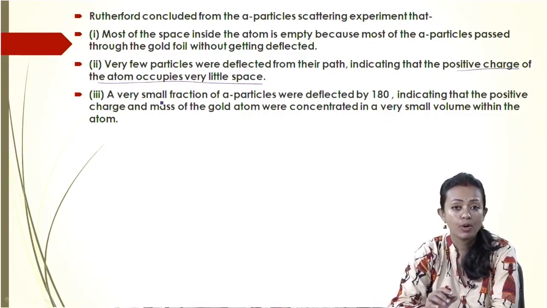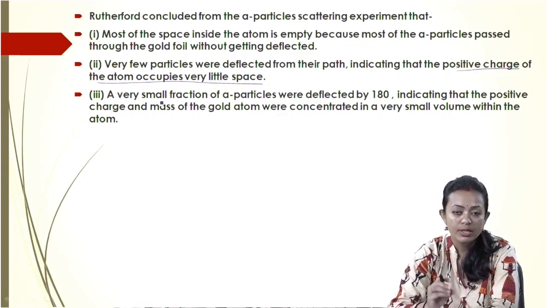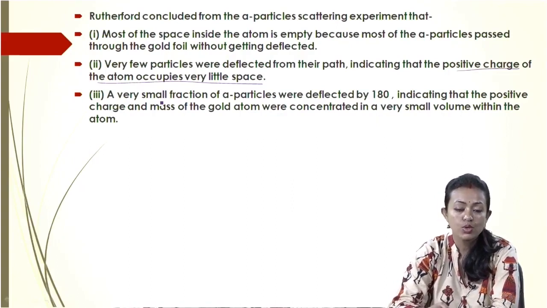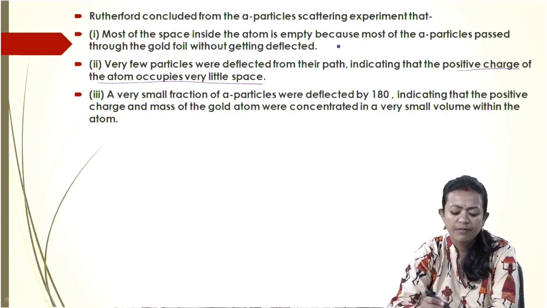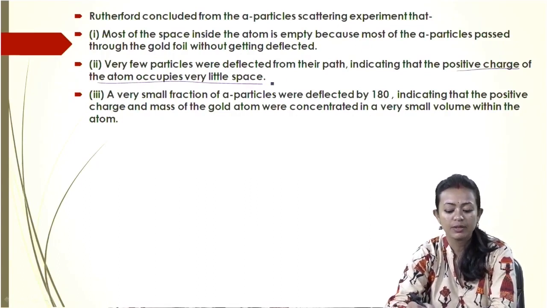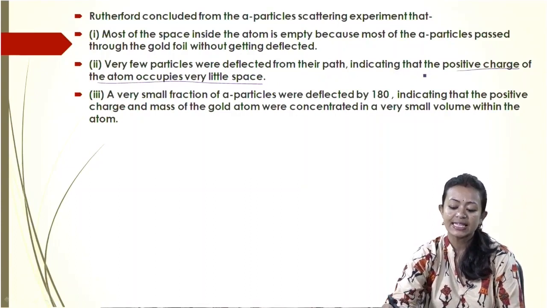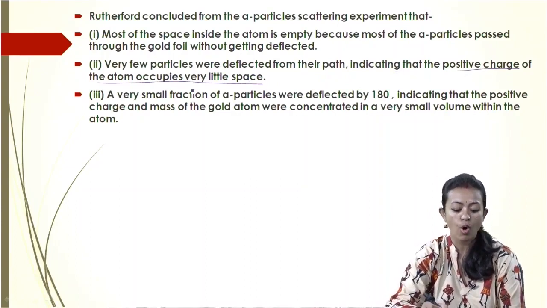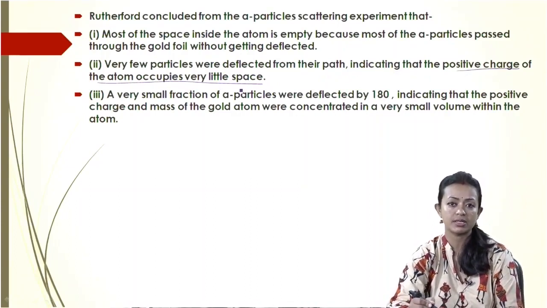That means the positive charges are not uniformly distributed throughout the atom. It is rather concentrated in the center. And it is because of this that most of the alpha particles passed straight through it. Very few particles showed deflection from their path, indicating that the positive charge of the atom occupies very little space.